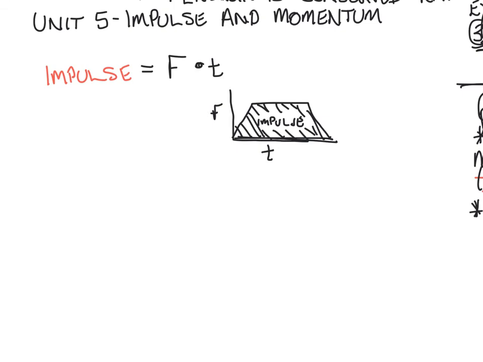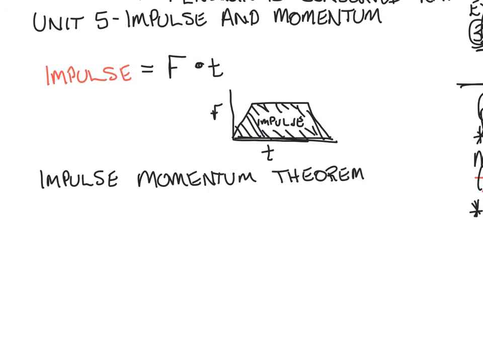And just like how work had a connection with energy, impulse has a connection with momentum. In fact, we call that equation the impulse-momentum theorem. It starts out with impulse is equal to change in momentum.